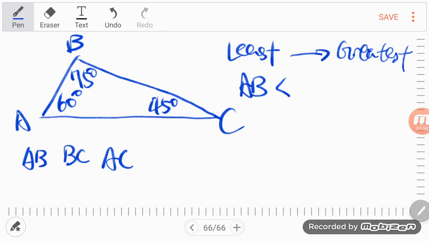The medium one is the angle 60 degrees, so the opposite segment will be BC. And the greatest angle is 75 degrees, so the longest segment would be AC.